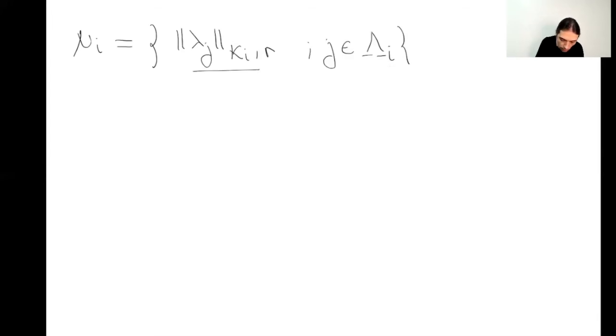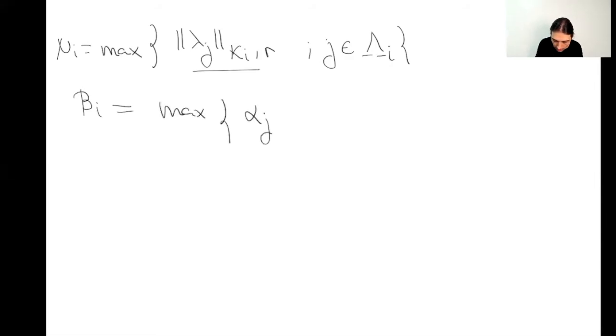And we are going to define also beta I. Here, in order to do these things, this should be the maximum. Beta I is going to be the maximum of alpha j.